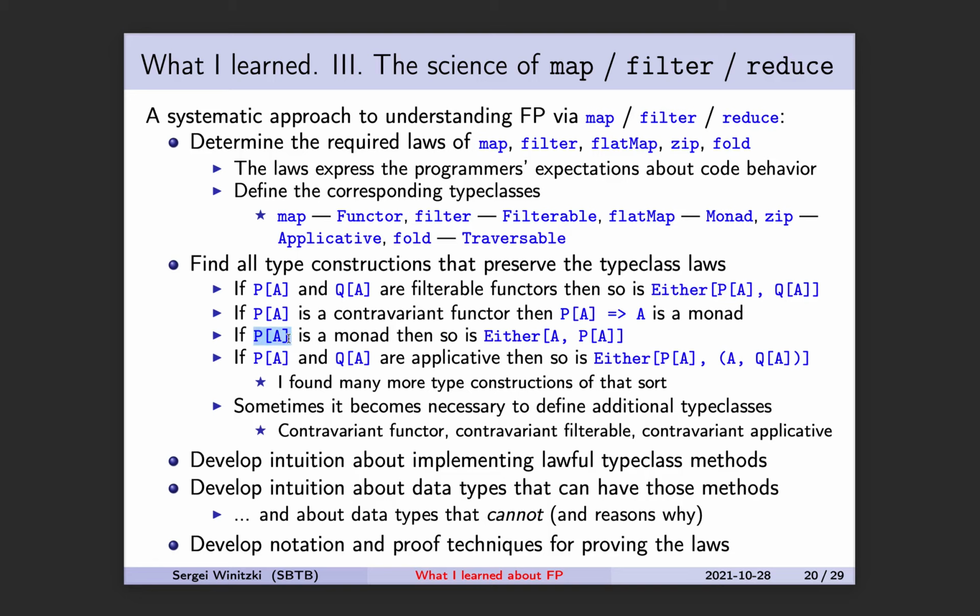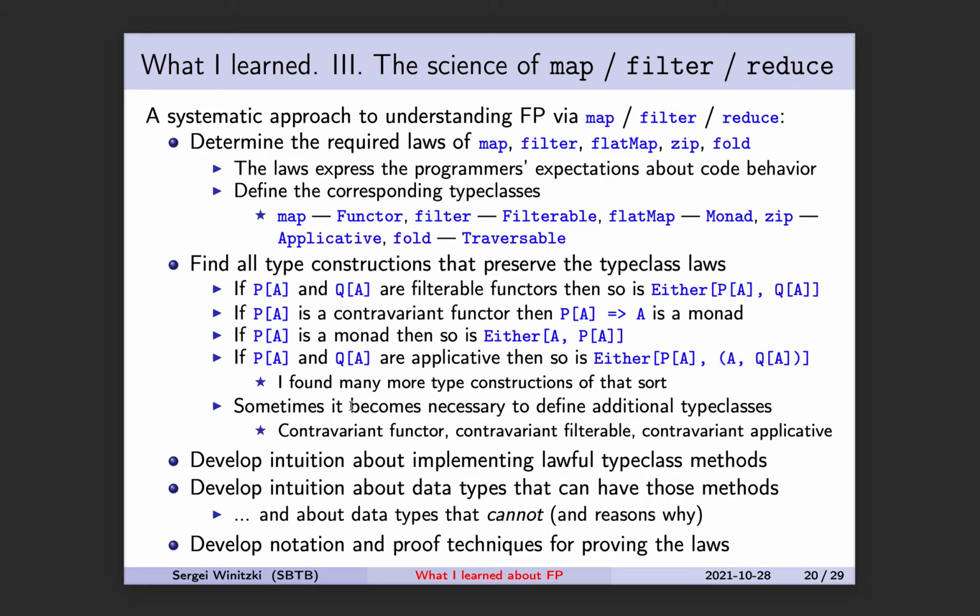For instance, if P of A is a monad, then either of A, P of A is also a monad. And if P of A, Q of A are applicative, then either P of A and the pair of A, Q of A is applicative. But without this A, just either P of Q will not necessarily be applicative.